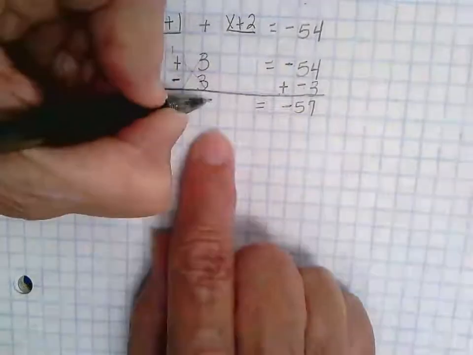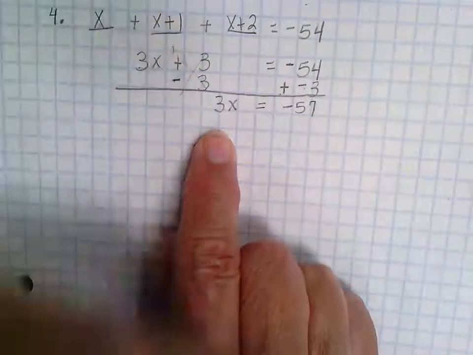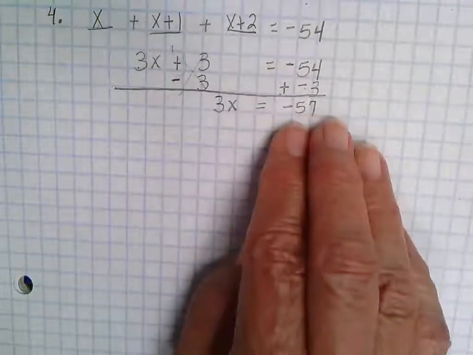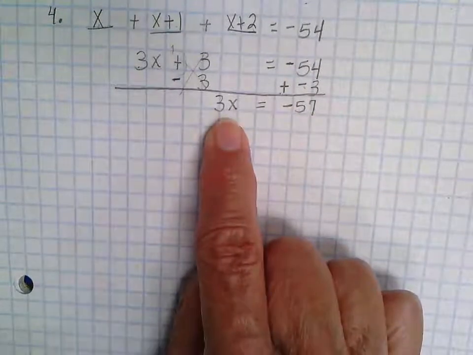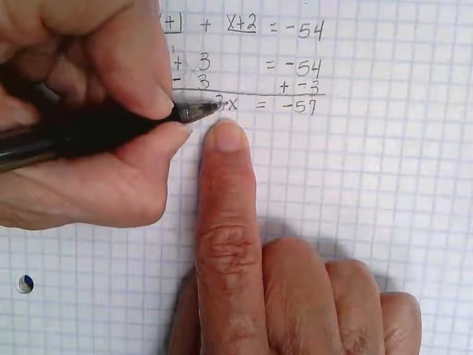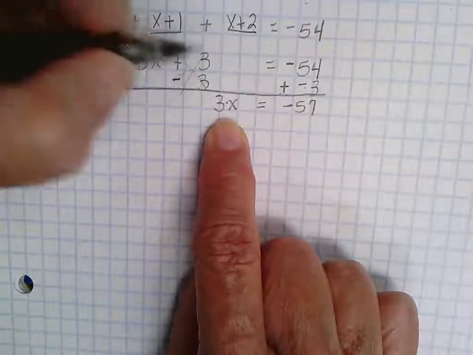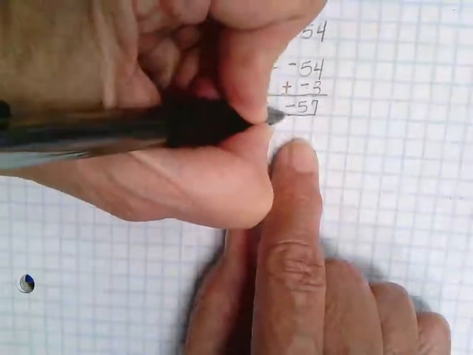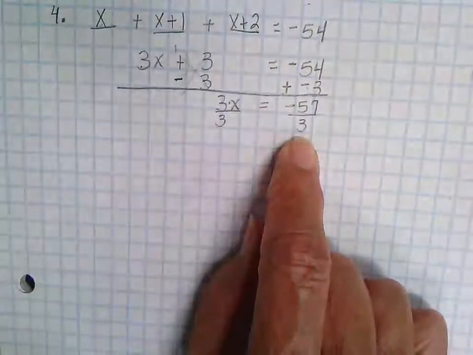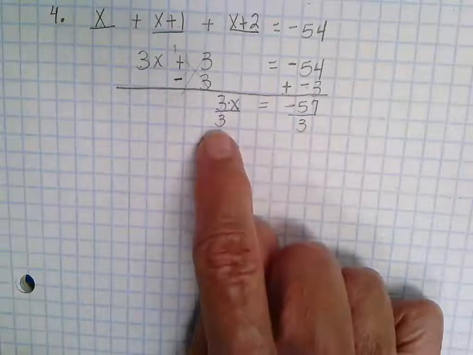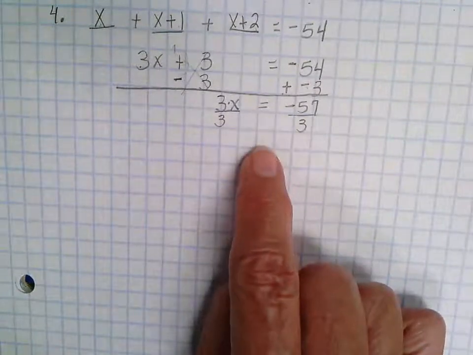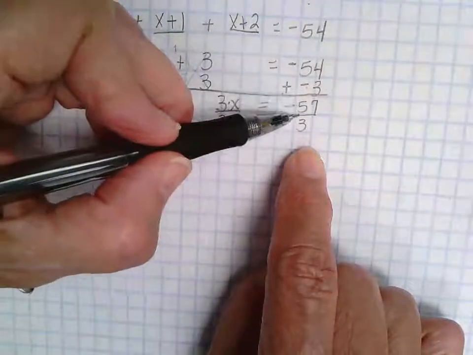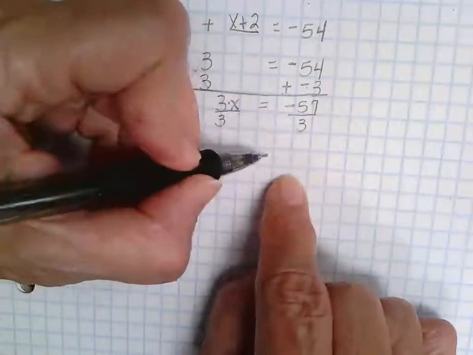Over here, 3 x's. When I have 3 x's on the left and negative 57 on the right, I want to undo this multiplication by doing the opposite, which is division. So I'm going to divide by 3 on each side. Now that's a positive 3. So my answer down here is going to be negative, because a negative divided by a positive is a negative.